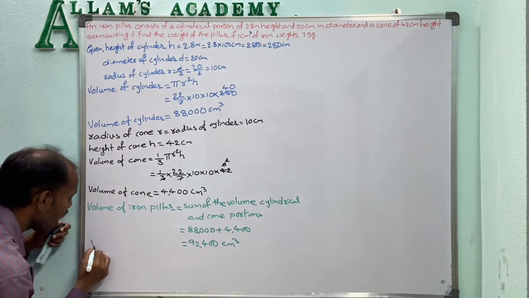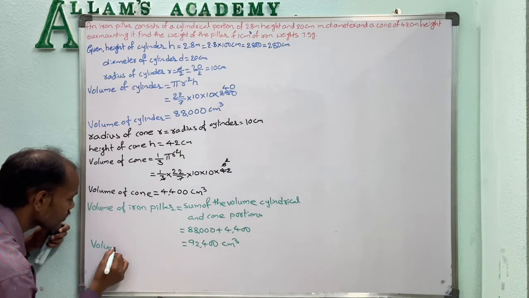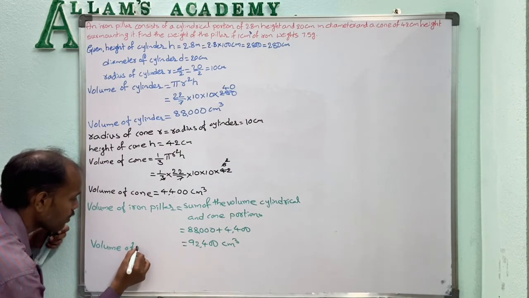Now this is the volume of the iron pillar.